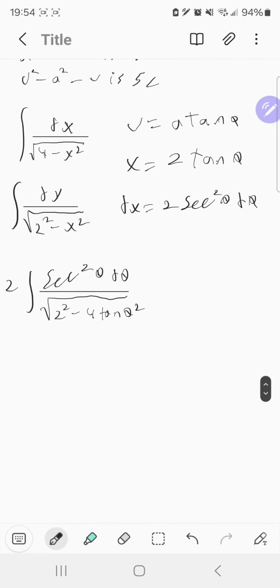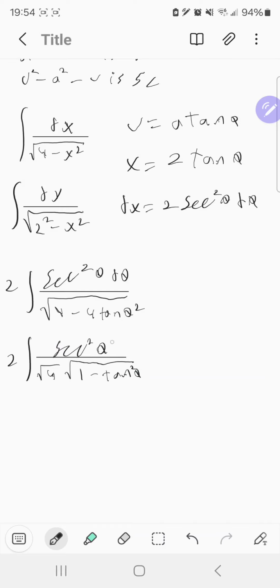Now, what we can actually do is change this 2 to a 4, and we can pull out a root 4. So 2 times root 4 times root 1 minus tangent theta squared over secant squared theta d theta.